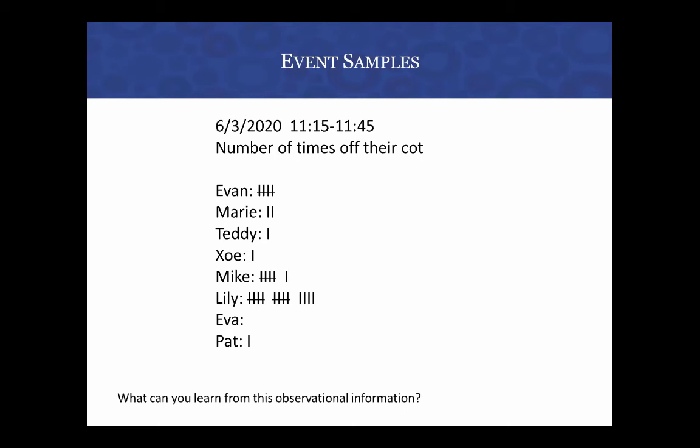If you chose to record which children got off of their cot, based on this information, how many of the 8 children got off their cot? Oh, okay. So 7 of them? So you would learn that in this classroom during nap time, all but one of the children are getting off their cot. Okay, not bad information to know.